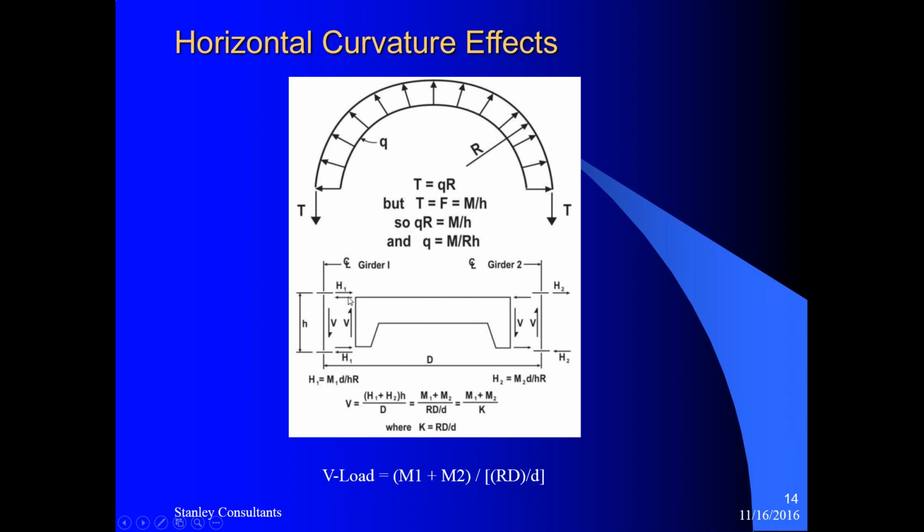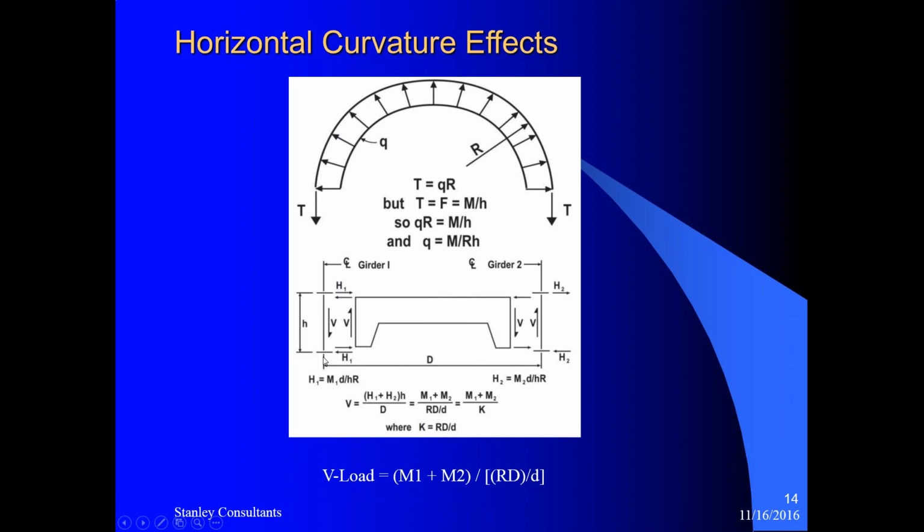So for the top flange, H1, the skew, in this case, there will be the resultant of the skew, which will be equal to Q times this cross frame spacing, H1, pulling the top girder towards the center of the curve.